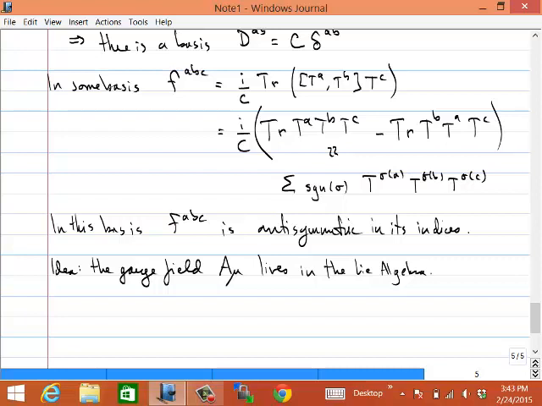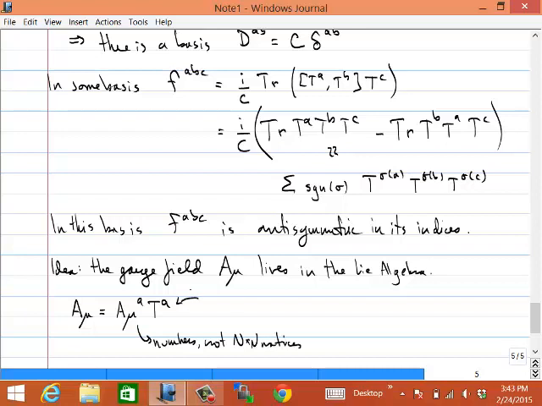So for example, that means that you can expand A mu, using the summation convention where we sum over a, as A mu a T a, where now these A mu a's are just numbers, not n by n matrices.